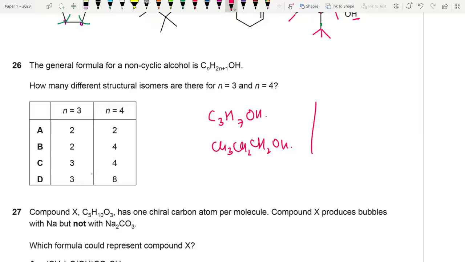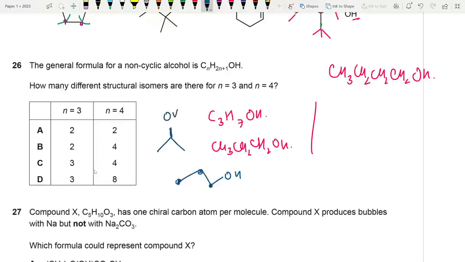While the other, for 4 carbons, is CH3CH2CH2CH2OH, butanol. Structural isomers, not stereo. So that's one. Then we can go for propan-1-ol. We can go for propan-2-ol. And we can go for branching.